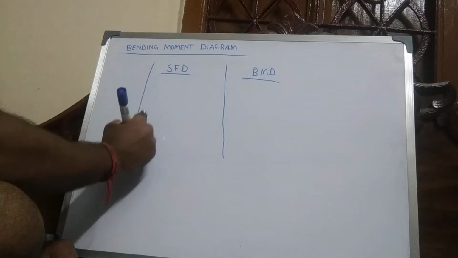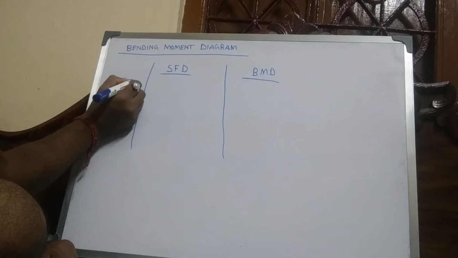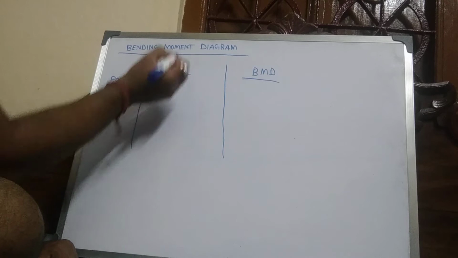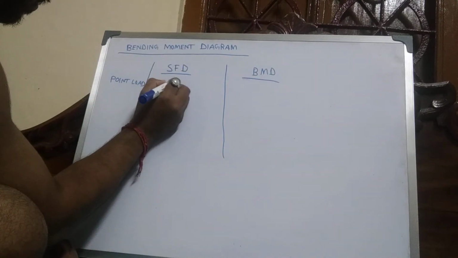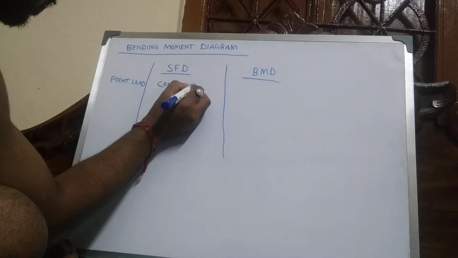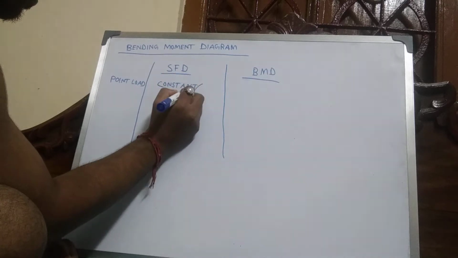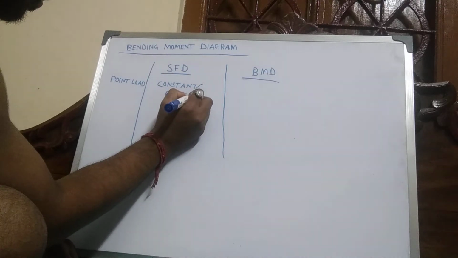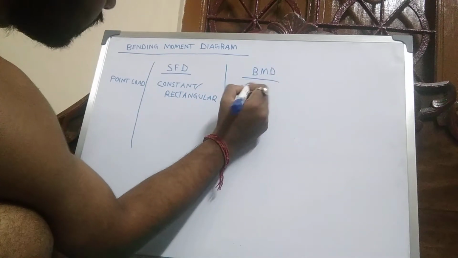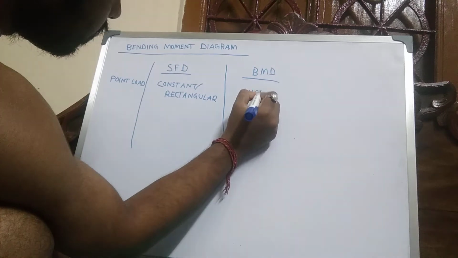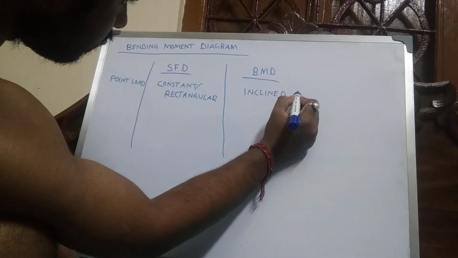For point load, the shear force diagram is constant or rectangular, and bending moment is an inclined straight line.